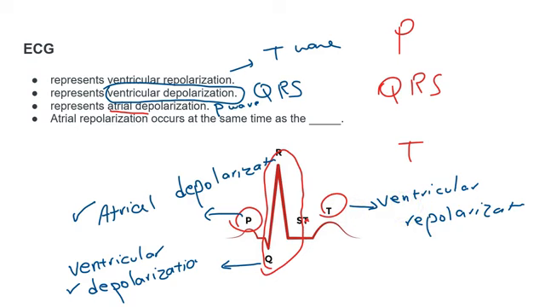What is missing is atrial repolarization. Actually, the atrial repolarization is happening at the same time as the QRS, because when the ventricle is depolarized, or contraction of the ventricle is happening, it's making a very huge wave so that the tiny atrial repolarization wave is going to be hidden at this time.